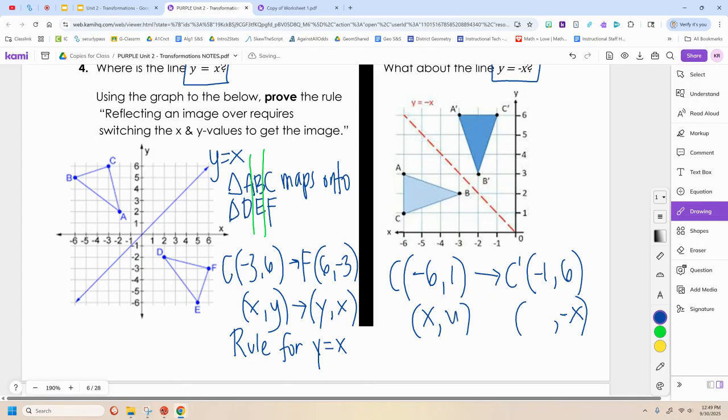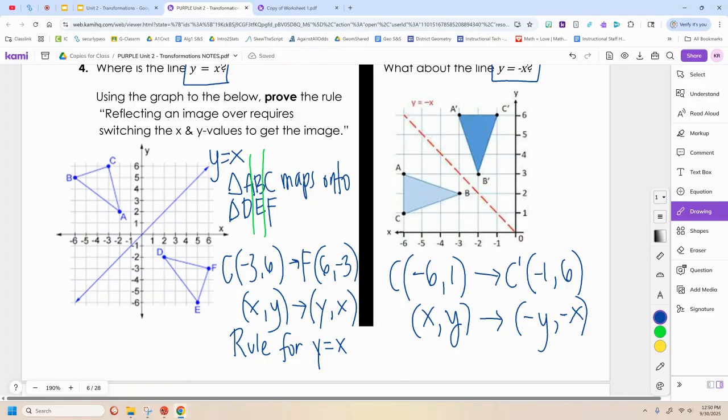What happened to the Y? The Y comes first, but it also changed signs. So can you see x equals -y, like the equation and the rule go together? It's not usually something you have to memorize, but you have to maybe recognize.